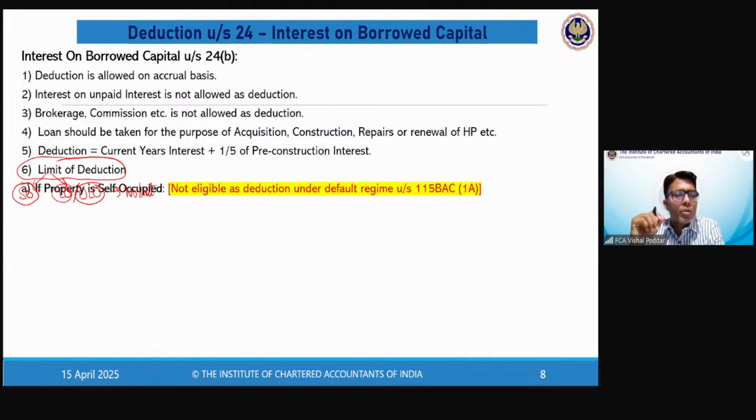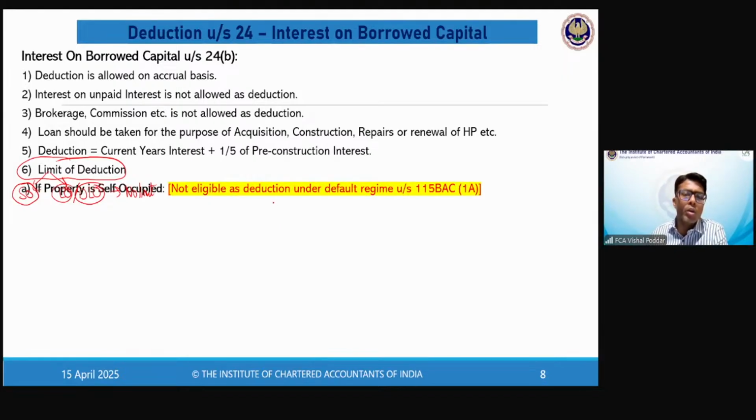Now, first scenario is your property self-occupied. Within self-occupied, again, there are two possibilities, whether you are opting for the new scheme or the old scheme. If you are opting for the new scheme, there is no deduction for self-occupied property interest at all.